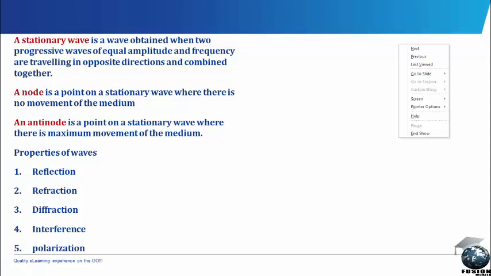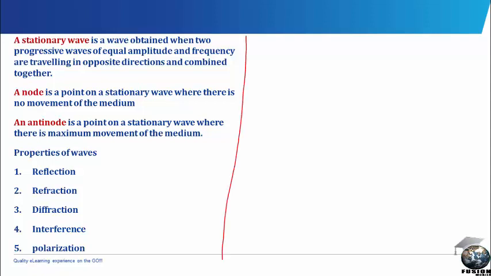For a wave to be progressive, it must be moving from one point to another, transferring energy as well. So when two progressive waves, this is one, this is another, both are progressive, they are moving.